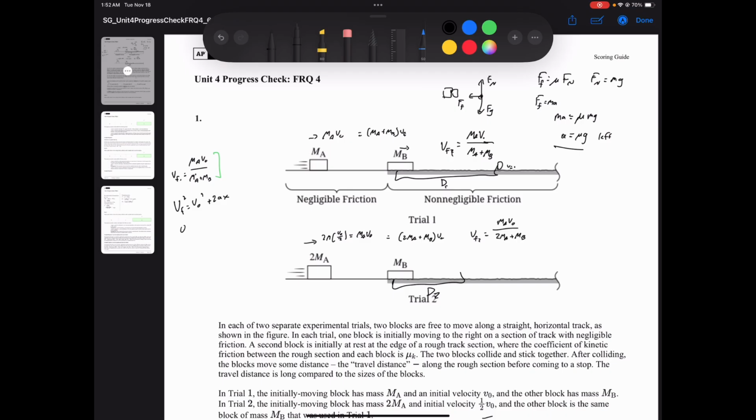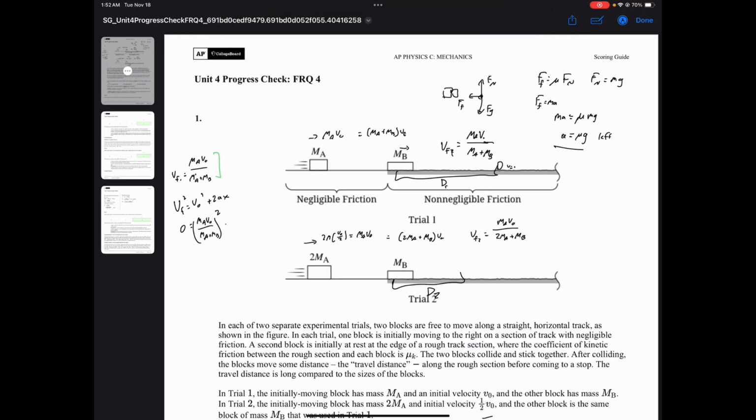I know vf squared is 0. V naught squared is ma v naught over ma plus mb, quantity squared. My acceleration is mu g to the left, so that's going to be negative for this one: minus 2 times mu g, and then the displacement is just d1.